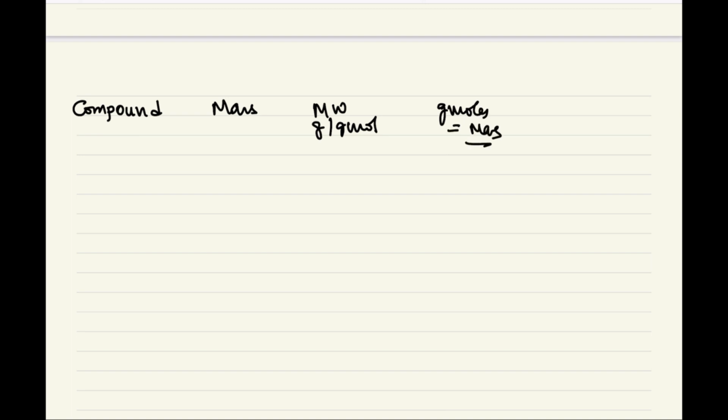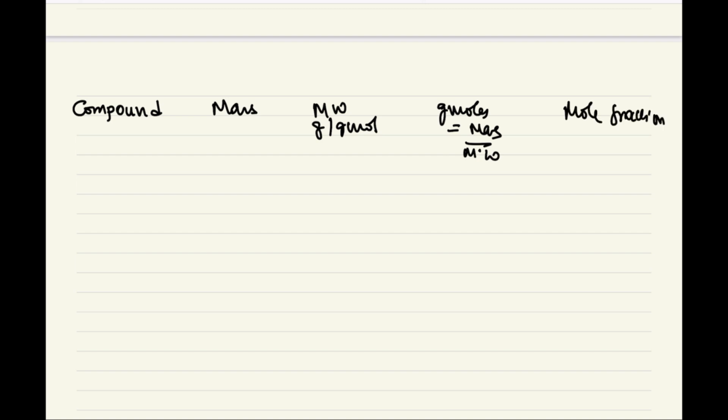I will just write down one table. It is easy to understand. We can write the first column as compound, the second column as mass given, and the third column as molecular weight, that is gram per gram mole. Next we calculate the gram moles, that is nothing but mass divided by molecular weight, and we can calculate the mole fraction for each component.